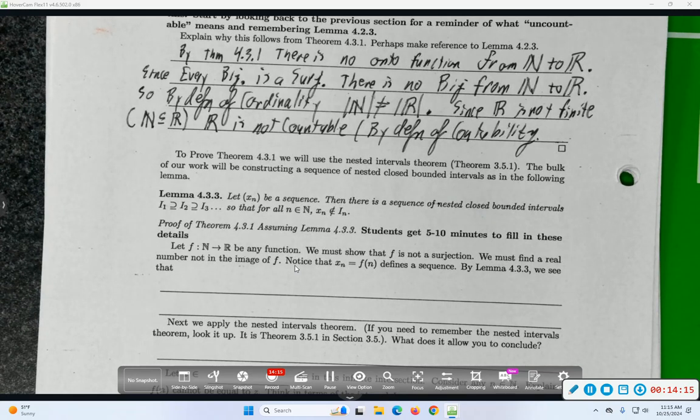So let's let x_n be any sequence. Then, and you'll prove this by the end of today, there is a sequence of nested closed bounded intervals, like those, satisfying that for every natural number n, the nth term of the sequence is not in the nth term of the sequence of intervals. So, that also seems intuitively true, right?